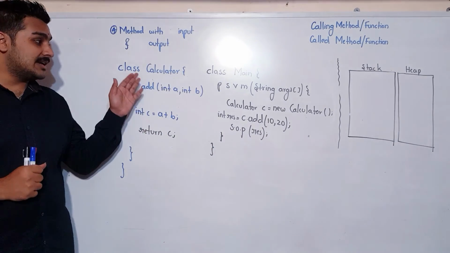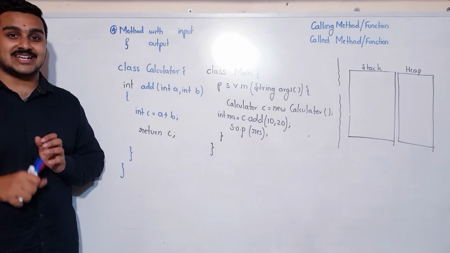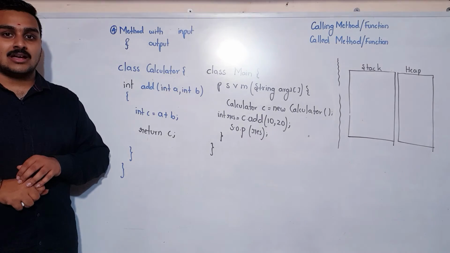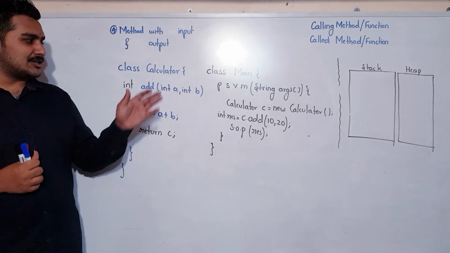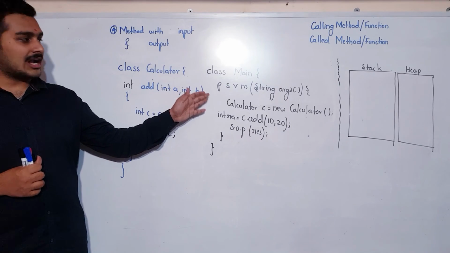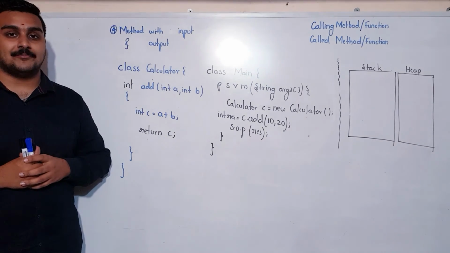Now what will be the program flow for this? I want you to write that program flow. Take your time and please write the program flow for it. You will be able to see the program flow completely after a few seconds of time.